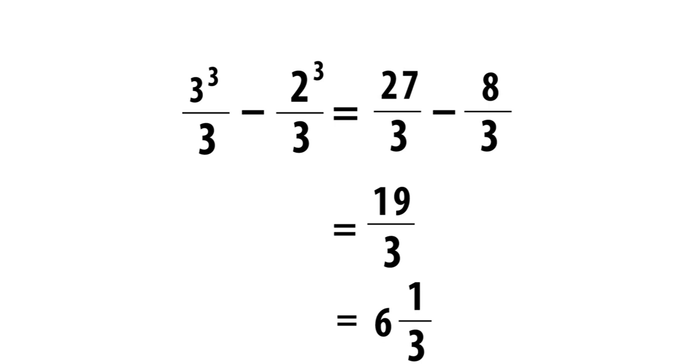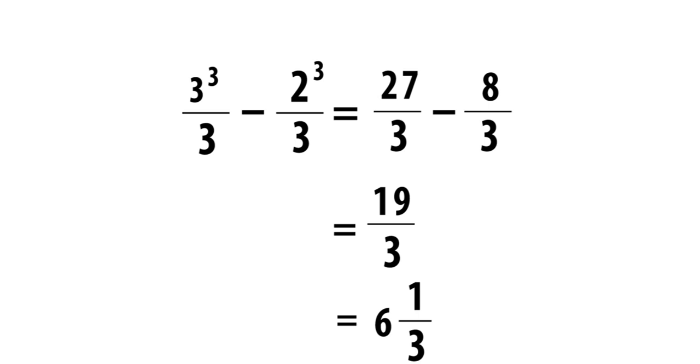So we have 3 cubed divided by 3 minus 2 cubed divided by 3. When we simplify, that will give us 27 divided by 3 minus 8 divided by 3, which is equal to 19 divided by 3, or 6 1/3.